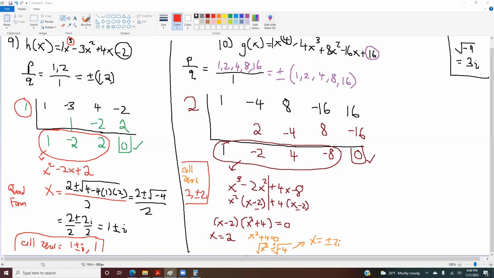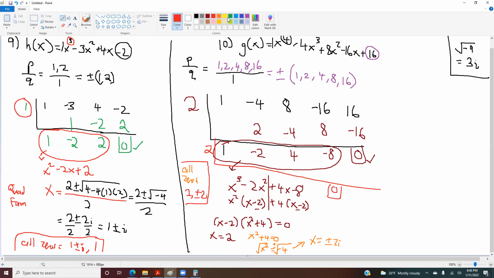Now another way is, yes, if you do synthetic division here with another 2, you will end up with a 0. So this is telling us that this has a multiplicity of 2 as x minus 2.